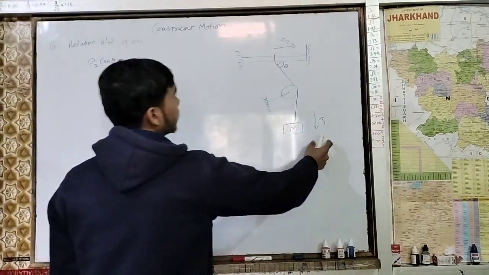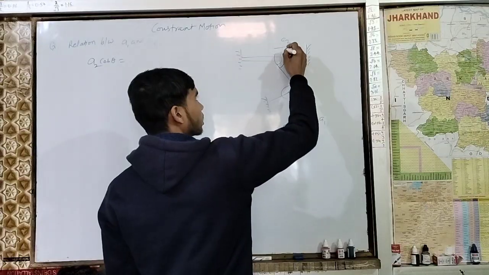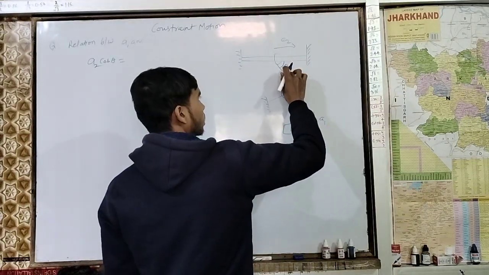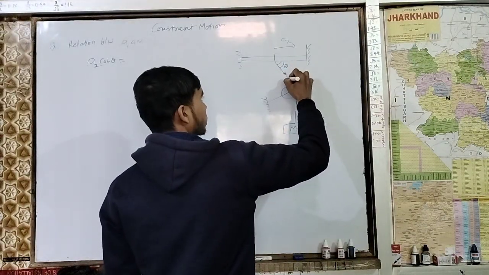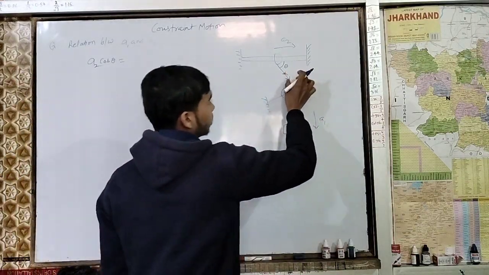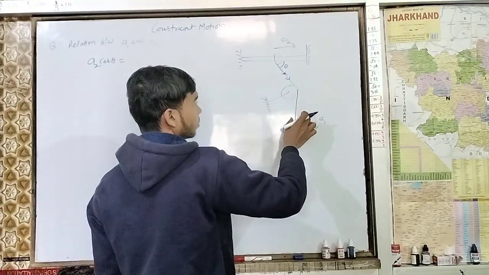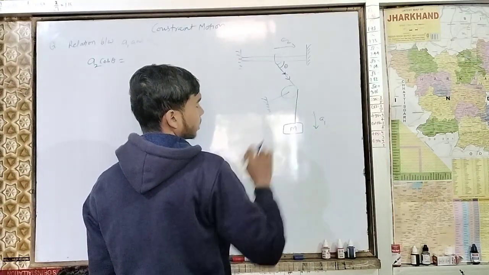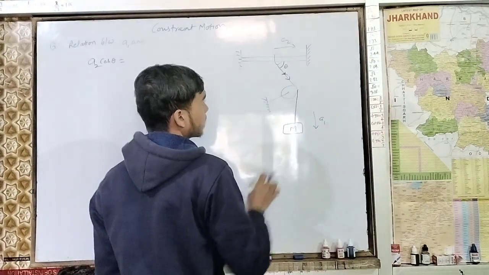The acceleration in this string at each point will be the same, A2 cos theta.